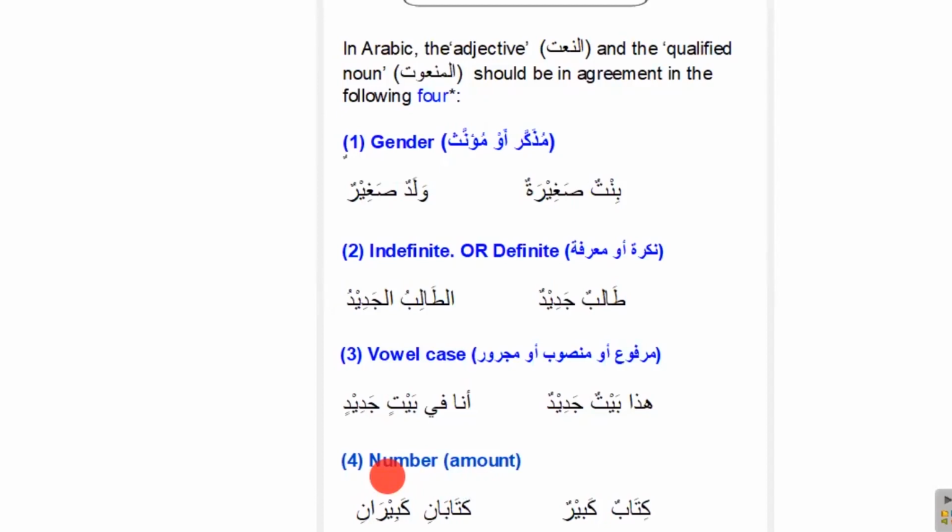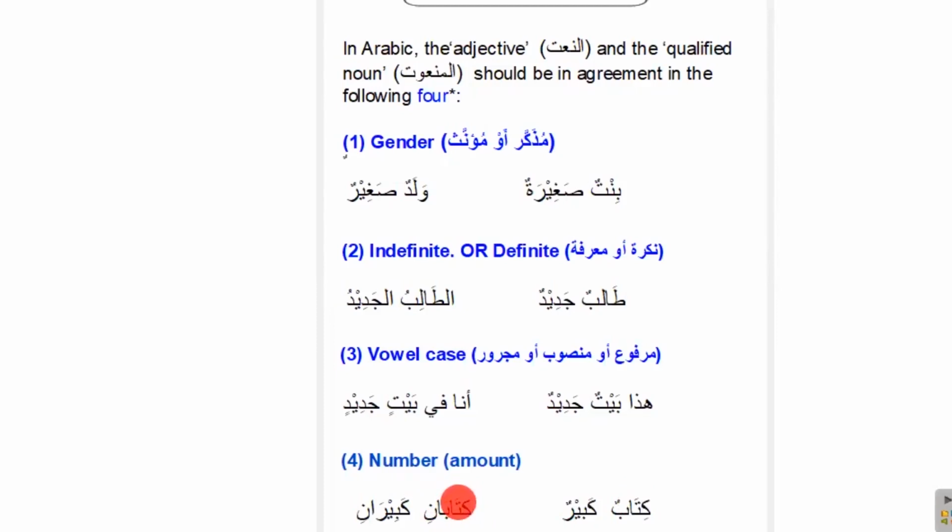I mean, plural. For example, kitabun kabirun, a big book. But kitabani means two books. Let me tell you something.